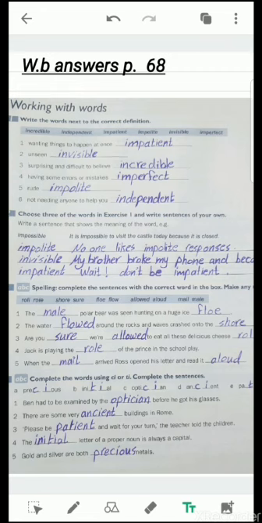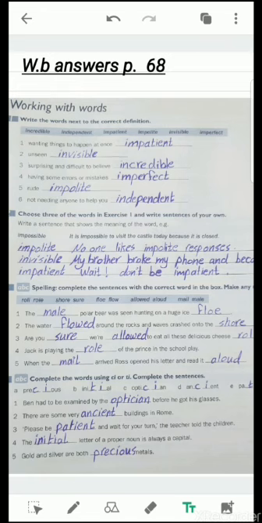So we have the IM or the IN prefixes that mean not. Number 1. Wanting things to happen at once. Impatient.